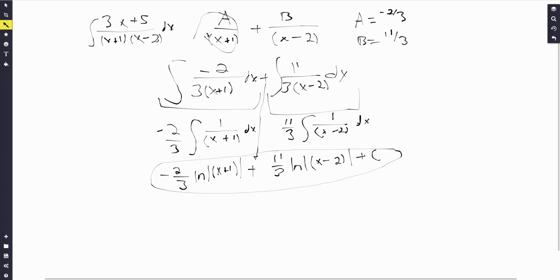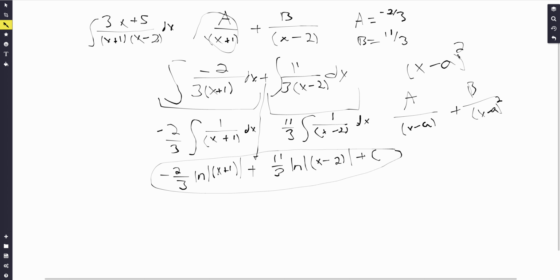But if we have repeated factors, like (x - a) squared, we'd have to write it like this. We have to do A over (x - a), and then plus B over (x - a) squared.